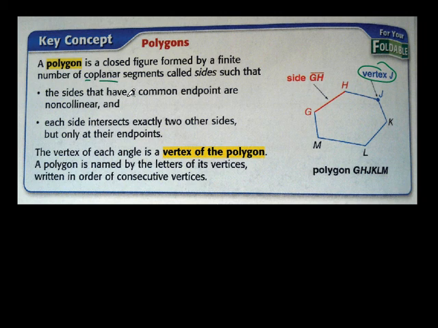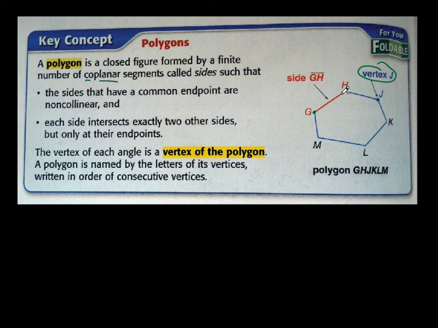The sides that have a common endpoint are non-collinear. What does that mean? The sides that have a common endpoint. So for instance, GM and GH have a common endpoint, which is G right there. And it says the sides that have it are non-collinear, which means they don't lie on the same line.